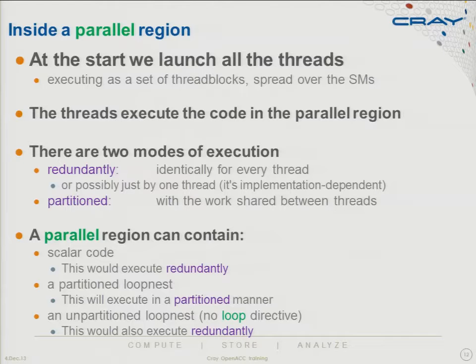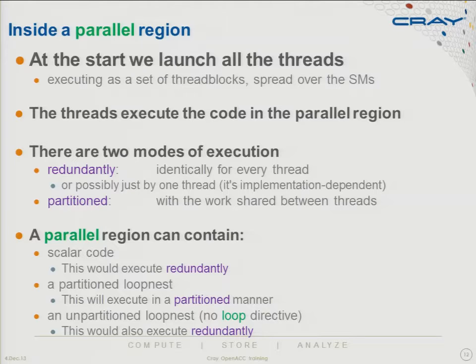Inside a parallel region, what happens? When you launch it, it starts all the threads up, and all the threads start doing the same thing together. So they execute redundantly. Everything is doing the same thing. You only get work shared between the threads, rather than all the threads doing the same thing, when you get partitioning. And you only get partitioning when you hit a loop.